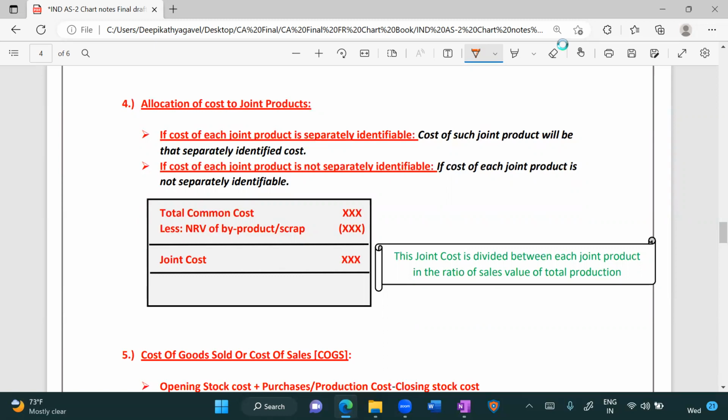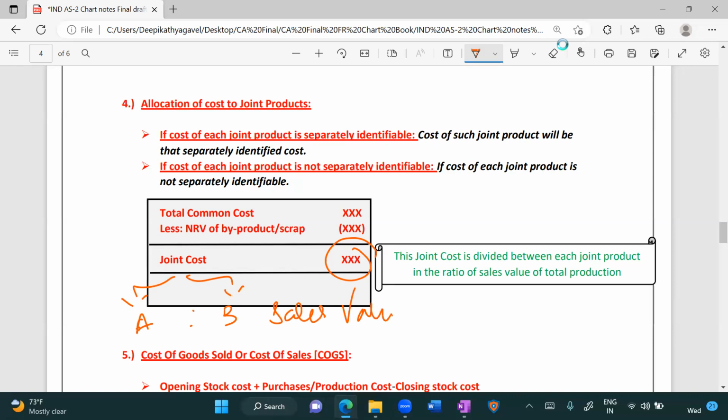Then what you will do, you will take the total common cost, whatever has been incurred, and from that you will reduce the net realizable value of any scrap or any byproduct, and then you will get the total joint cost. This joint cost will be divided. Let's say there are two joint products, A and B. It will be divided between A and B in the ratio of their sales value.